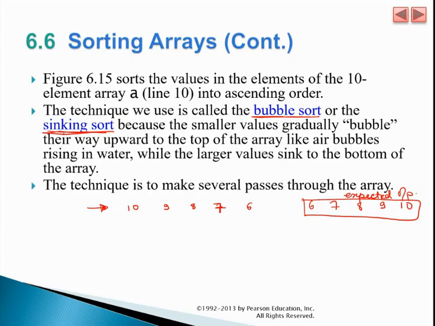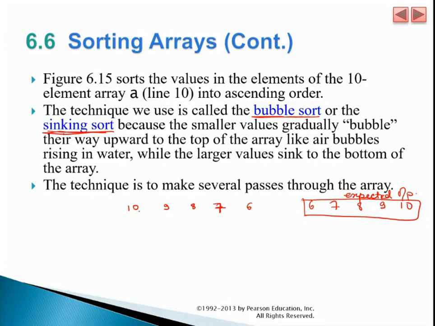Now how to do it using bubble sort? Let's see. The bubble sort algorithm says that we go pass by pass and we bubble up the smaller elements towards the beginning of the array, or we sink the higher elements towards the downside of the array.